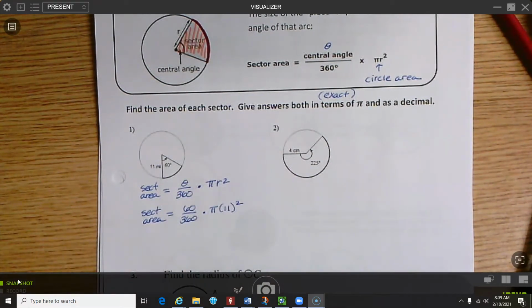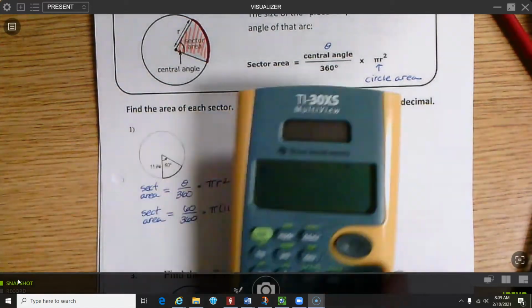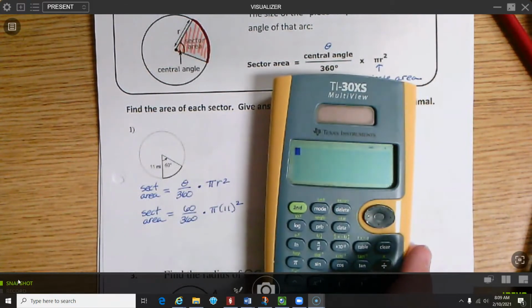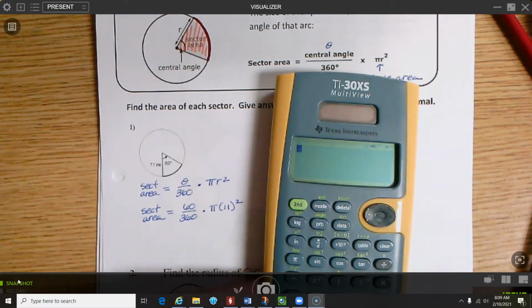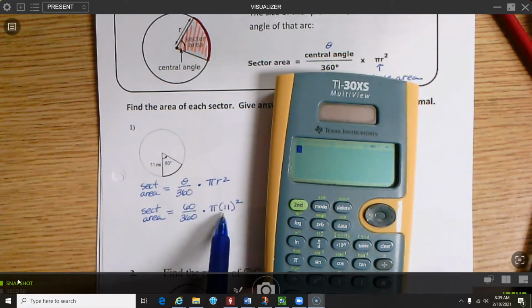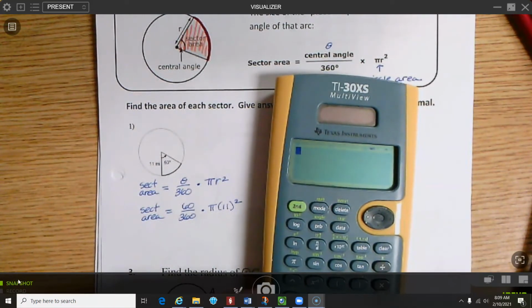And then I'm ready to put it in the calculator. If I have this kind of calculator, it simplifies everything for me pretty nicely. Otherwise, I could do some more simplifying myself. If I wanted to, I could change this fraction to 1/6, because it is 1/6, and make this 121 pi. And then I just have 1/6 of 121 pi.